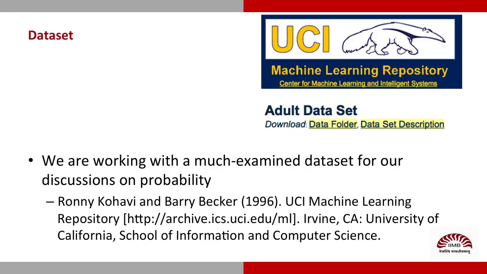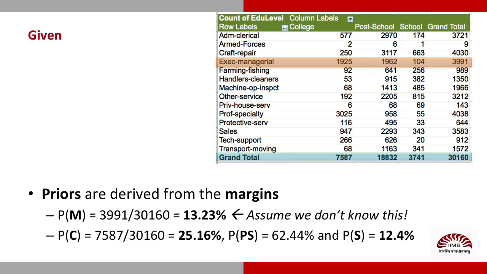For our convenience, let's assume the same probabilities and likelihoods that we have in our data set. Our prior P of M turns out to be 13.23% and P of C is 25.16%.